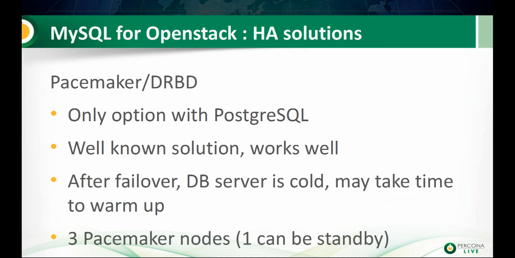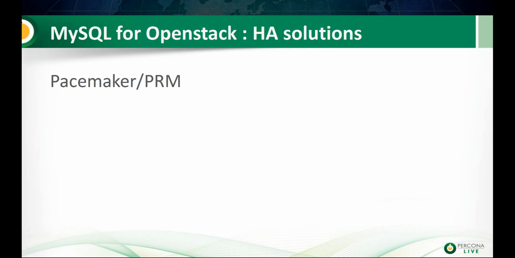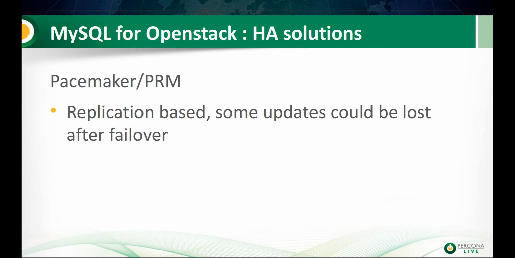Next, another solution still using Pacemaker is the Percona Replication Manager, PRM. This uses replication, so if you have a failover just after a big update, some of the information may not have been transferred to the slaves.